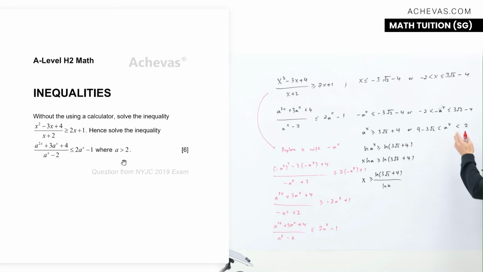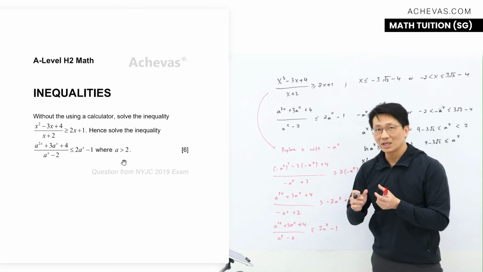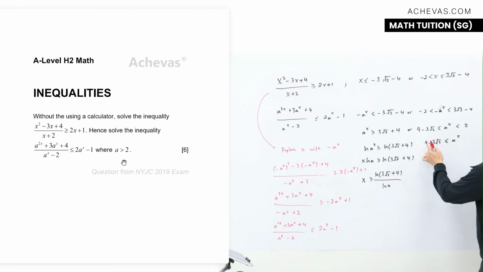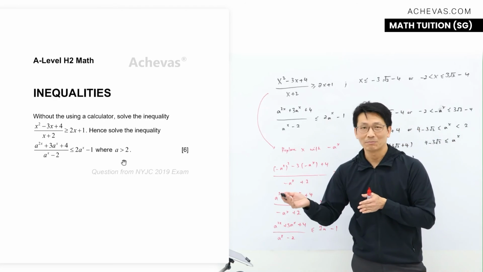As for this particular expression here, there are two parts we need to take note of. This is the first part and this is the second part. Let's split this up. We will have 4 minus 3 root 2 lesser or equal to a to the power of x. And when we key in our calculator the value of 4 minus 3 root 2, it actually gives us a negative value, which is minus 0.2 something.